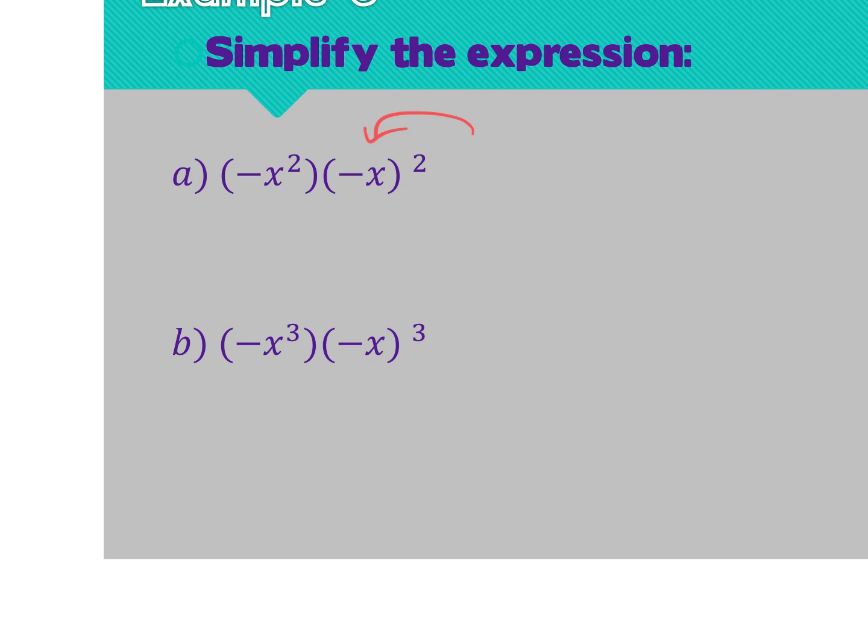So I need to do negative x times negative x, which is going to give me a positive x squared, because I assume a 1. Now I can multiply, because the first one was already simplified, and a negative times a positive is a negative, and then you add the 2 plus 2.